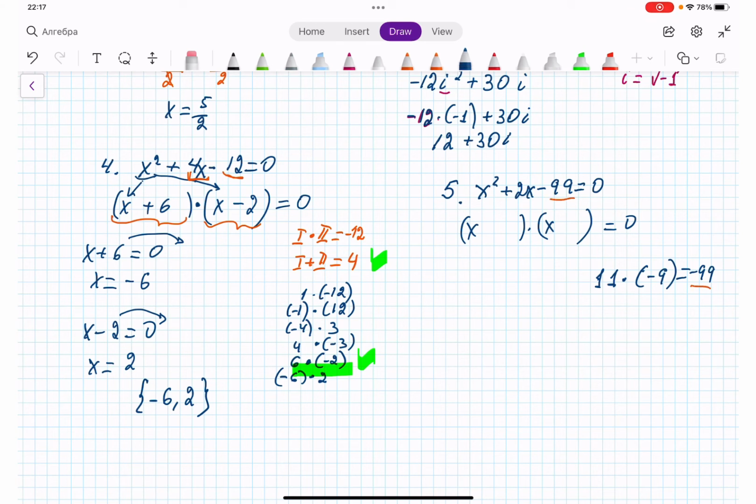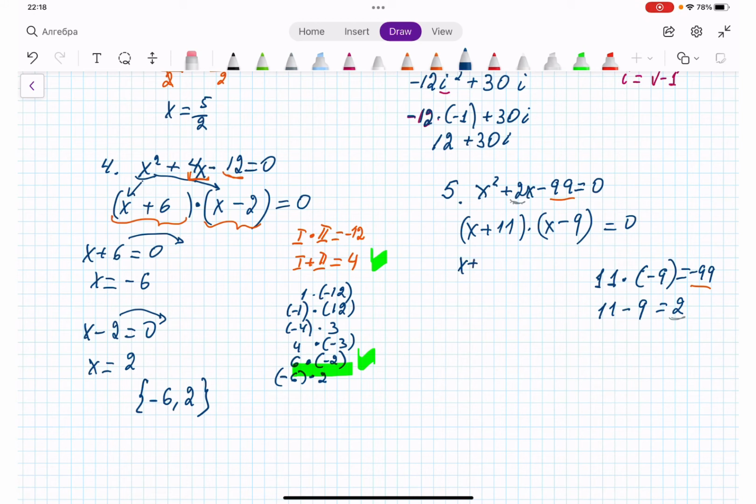And addition, 11 minus 9, right? It's going to be equal to 2, which is this coefficient, right? Okay, so we are plugging in here 11 and negative 9. So let's find the answer.